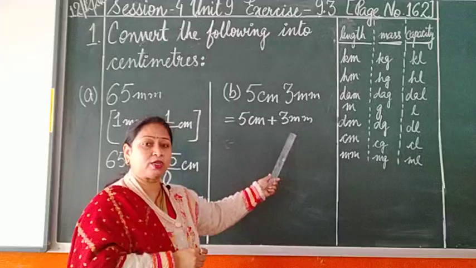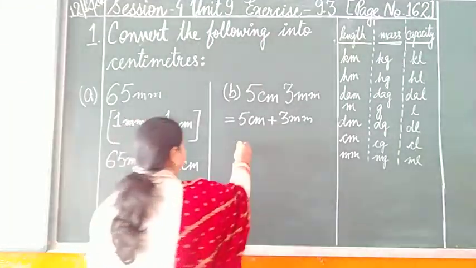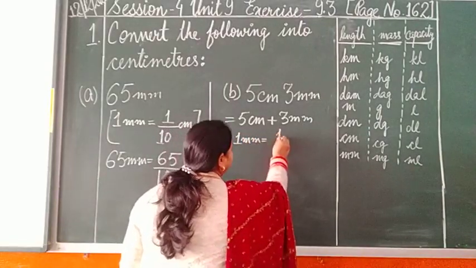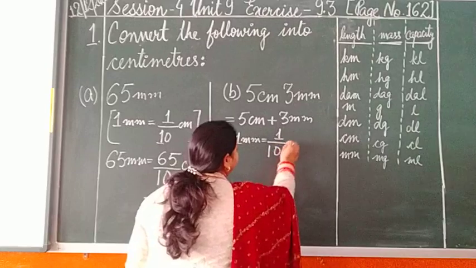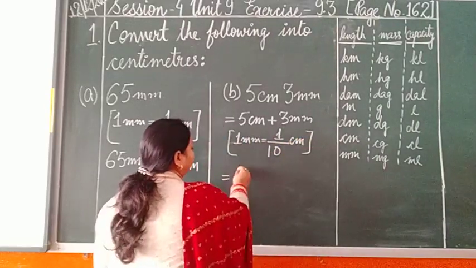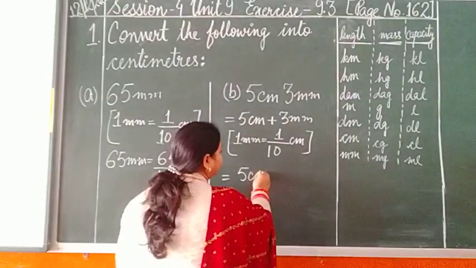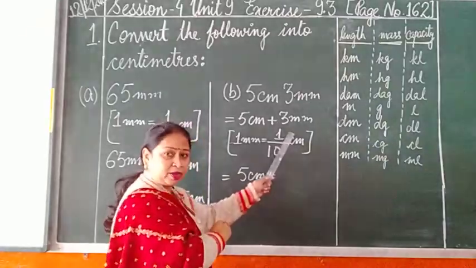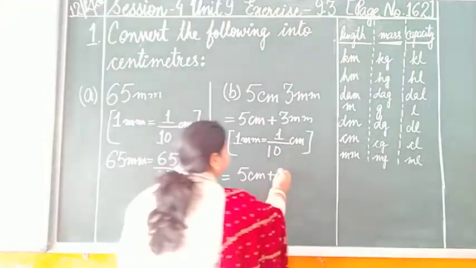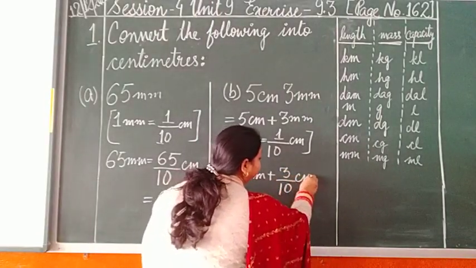Which one are we going to change? 3 millimeter. How to change 3 millimeter? We know from the conversion table that 1 millimeter is equal to 1 upon 10 what? Centimeter. Okay. So when you write this down, 5 centimeter is already there. This 3 millimeter will be written as 3 upon 10 centimeter.